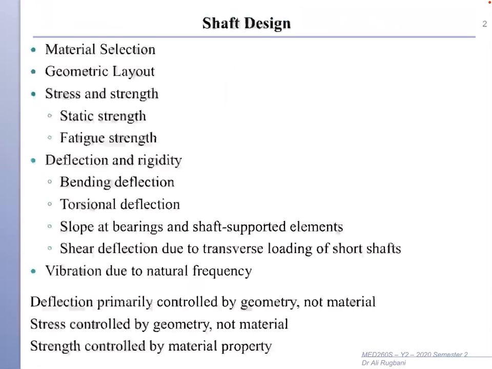Deflection is primarily controlled by geometry and not by material, and stress is controlled by dimensions, size, diameter, not by the material itself. Material can control only the strength of the shaft.